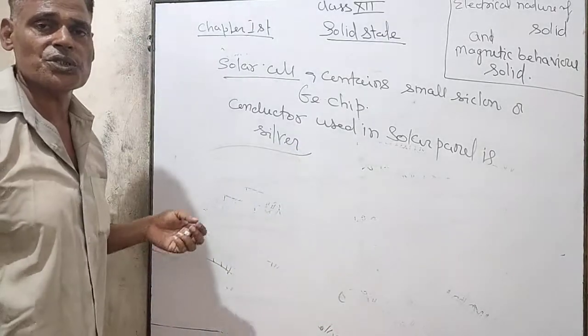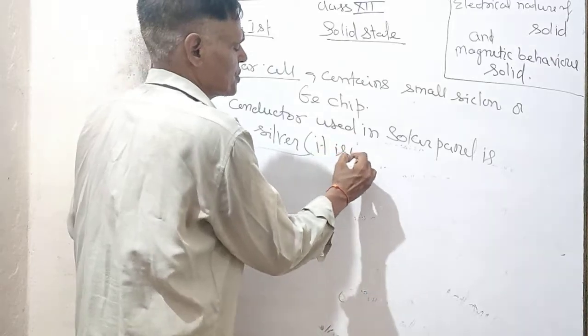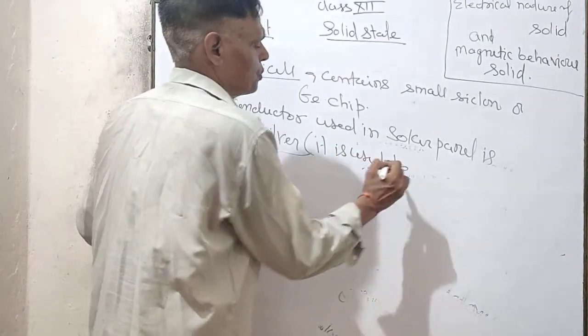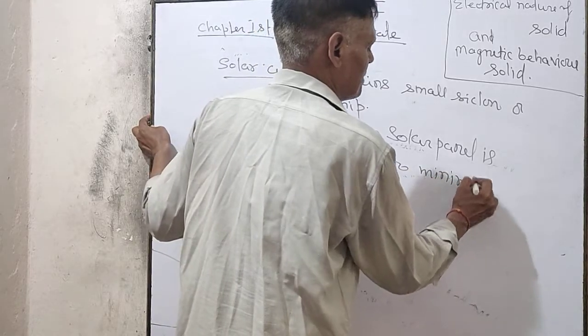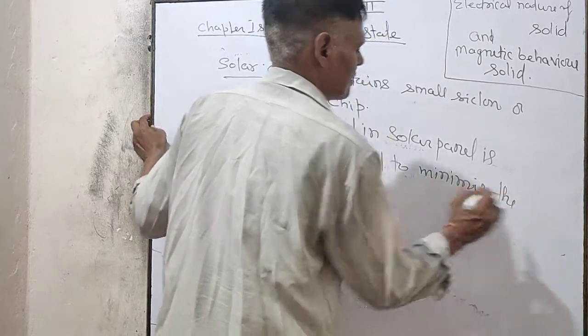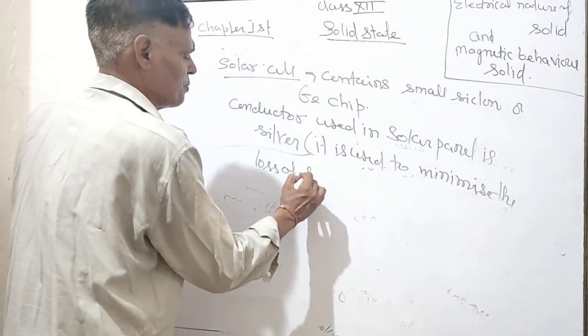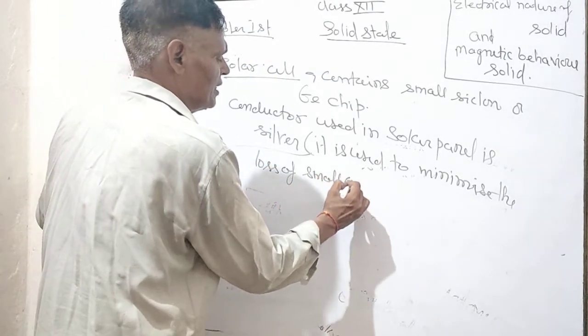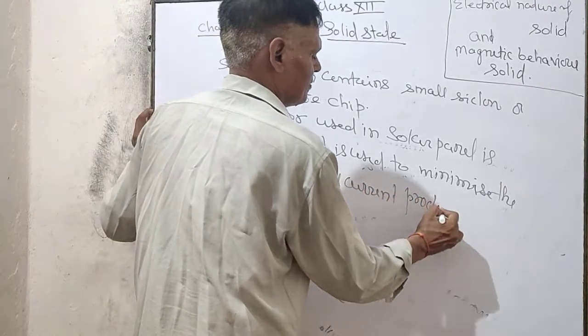Why is silver used? It is used to minimize the loss of the small current produced in the solar cell.